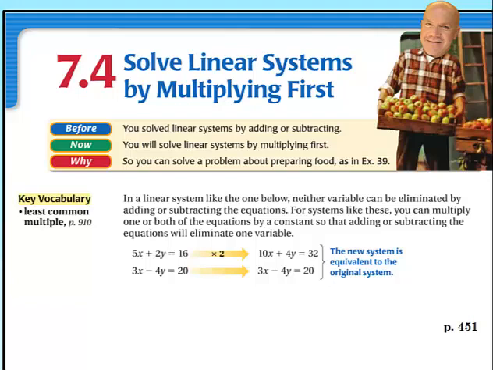So if we were to finish this problem the way it is here, we could simply add the two equations together, as you learned in a previous lesson. 10x plus 3x gives you 13x.